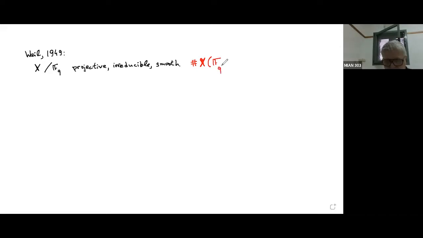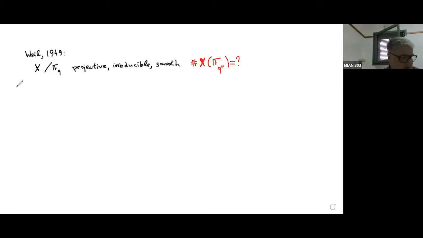Let us fix, let's use the same letter here. And so we are working with one of the most observable quantities in the world, just counting things.